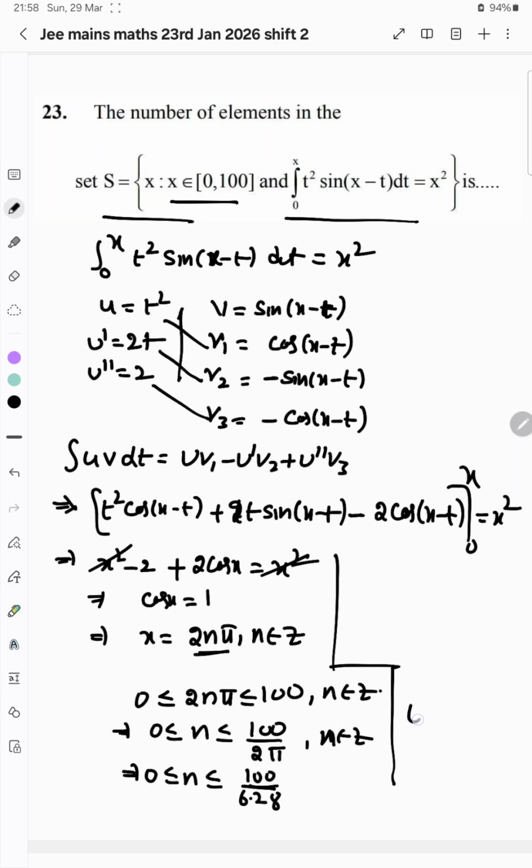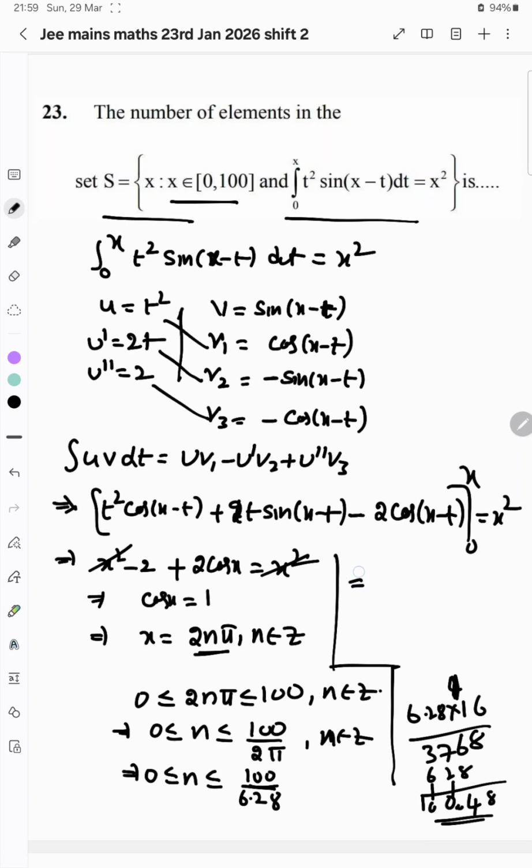Let's check it. 6.28 multiplied by 16: 6 8s are 48, 6 2s are 12, 12 plus 4 is 16, 6 6s are 36 plus 1 is 37, one time multiplying means 628, 8 8s plus 6, 14, 7 plus 3, 10, it is 100.48, so it is crossing 100, right? So 16 we should not consider, so up to 15 point something only is possible.